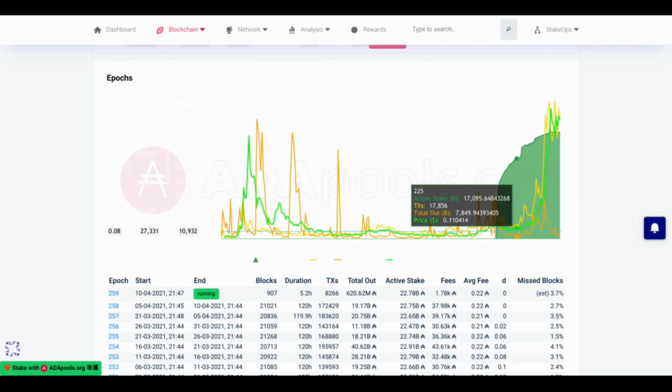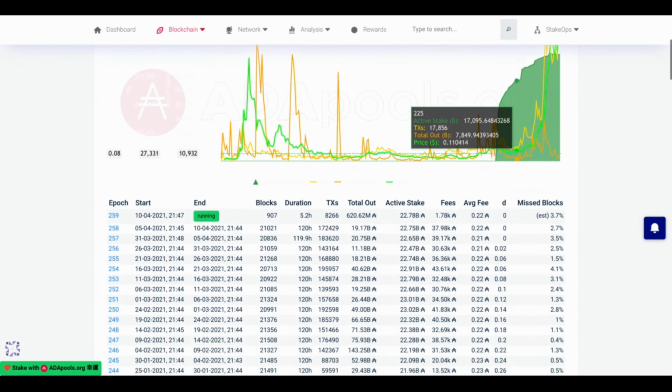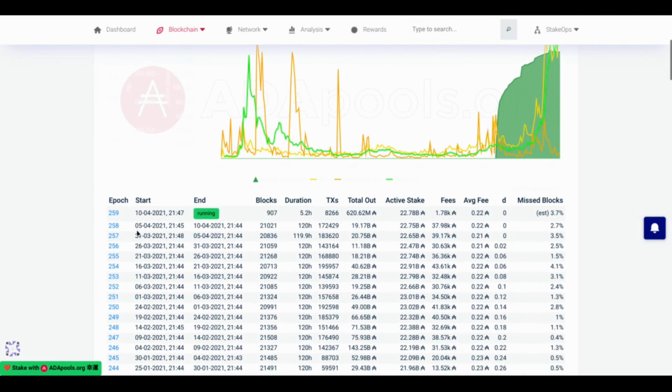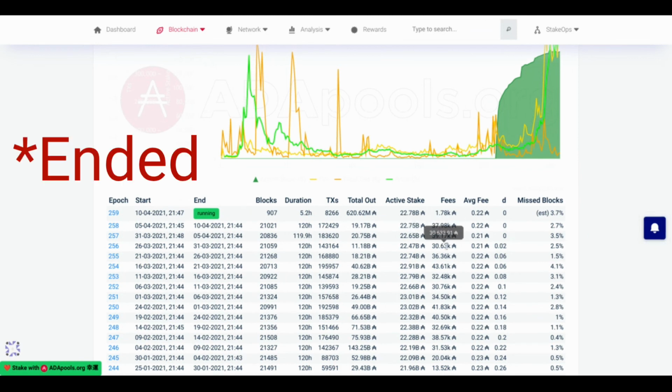And finally, yesterday was Get ADA Day. It was Staking Rewards Day, the end of Epoch 258, as you can see right there. So you can see the 10th when Epoch 258 started.